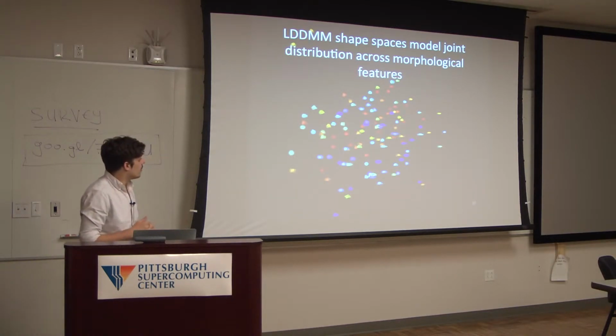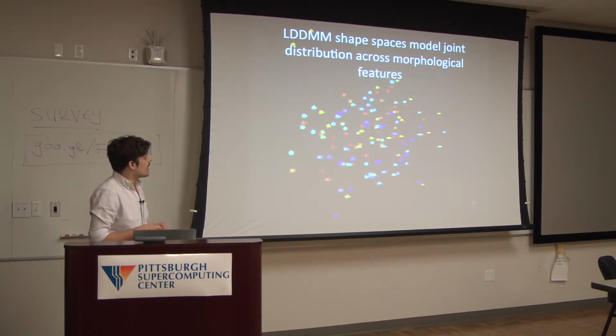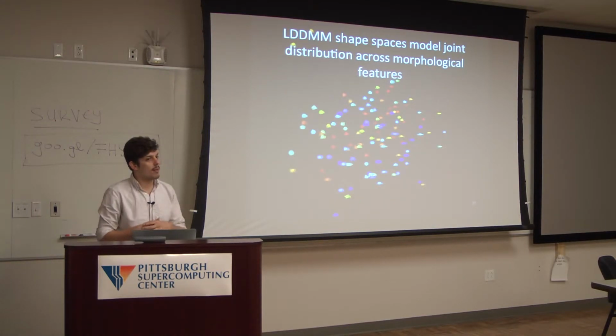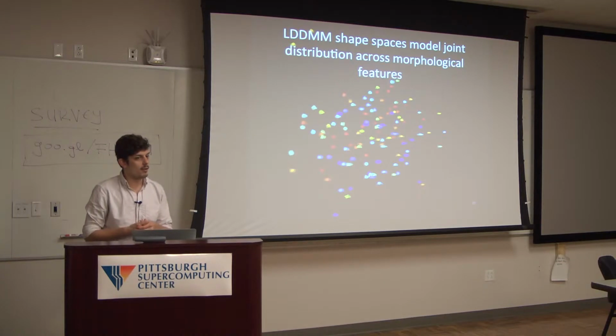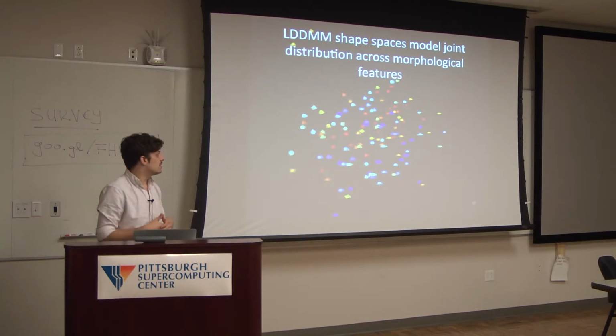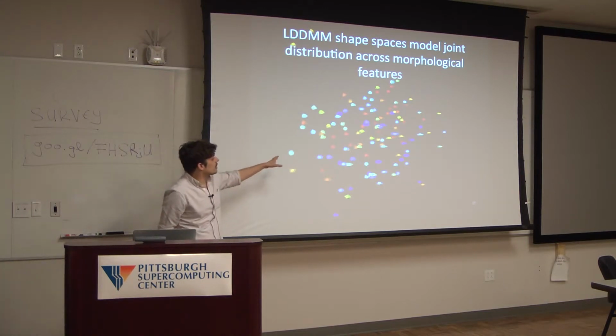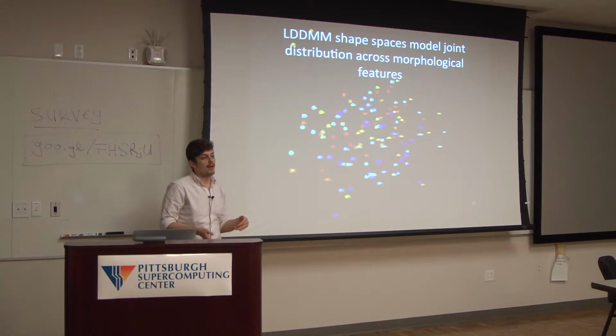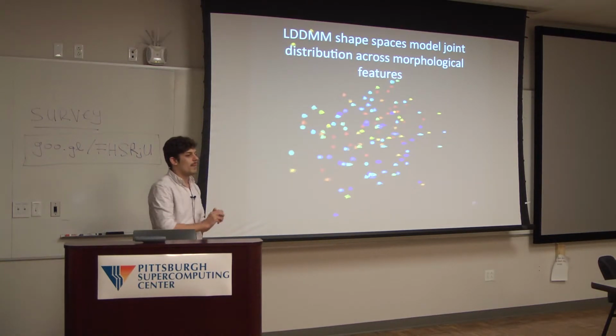So what that means is that we don't need to come up with models for how the nucleus varies and the cell varies, because this model contains how that information varies and how that information co-varies as you move from cell to cell.